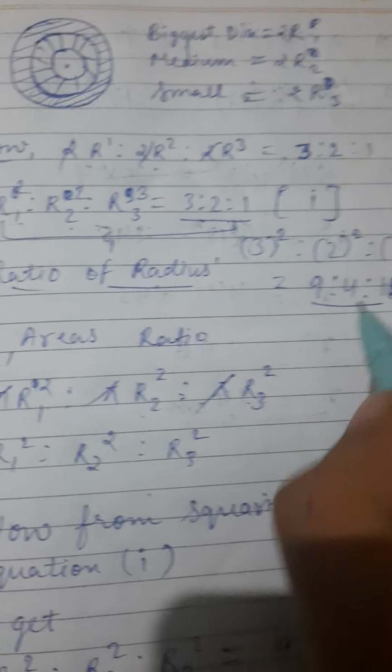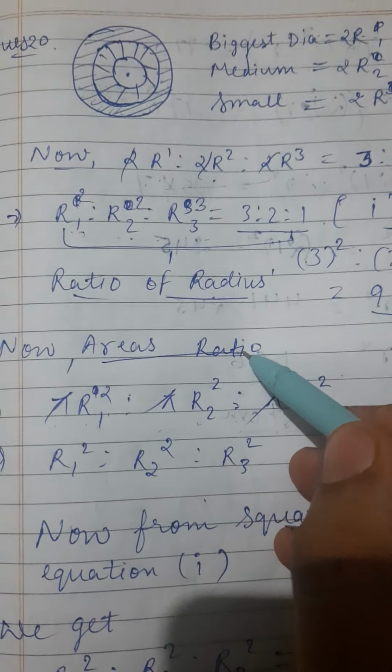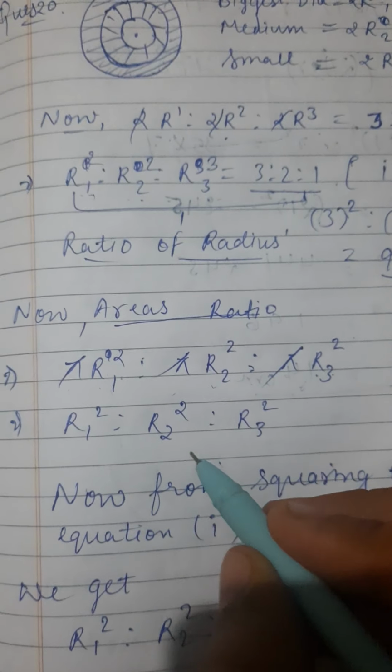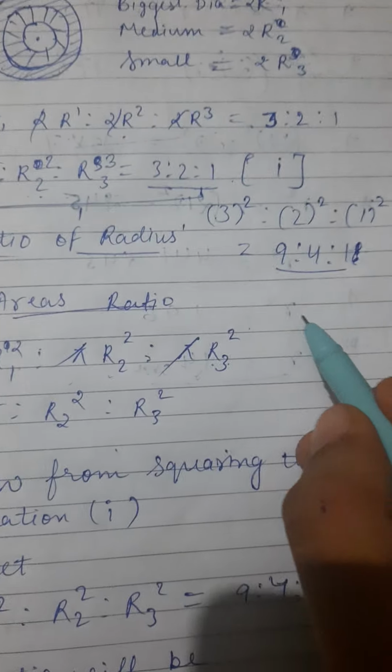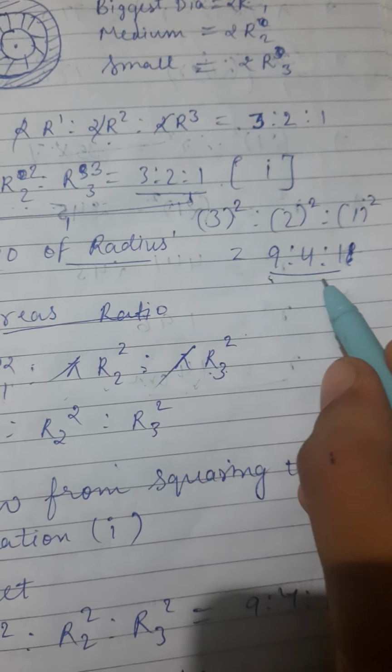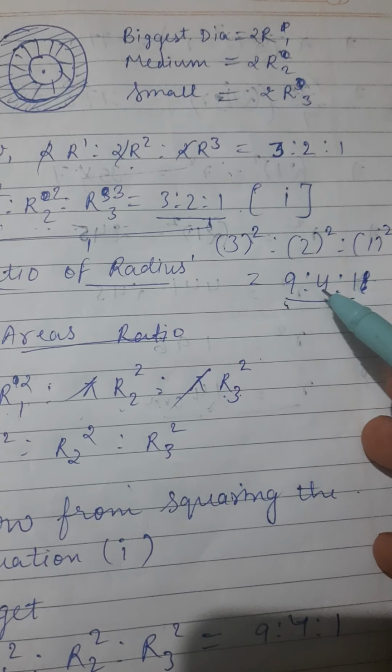So that's the ratio of area which we have concluded, like r1 square, r2 square and r3 square. So this will be the ratio of areas of these three circles ranging from biggest to smallest.